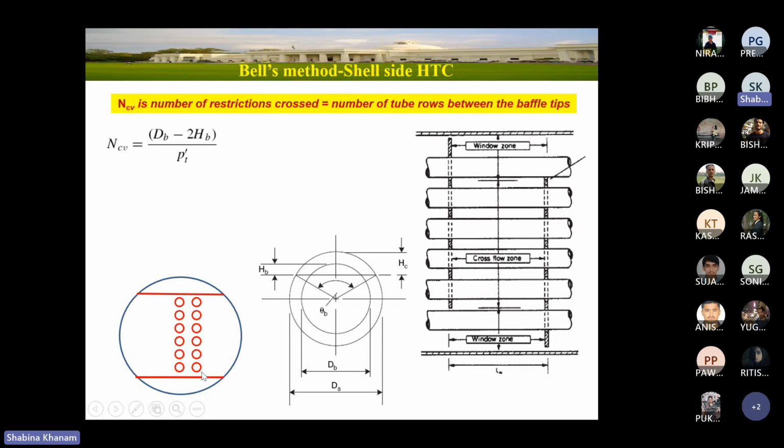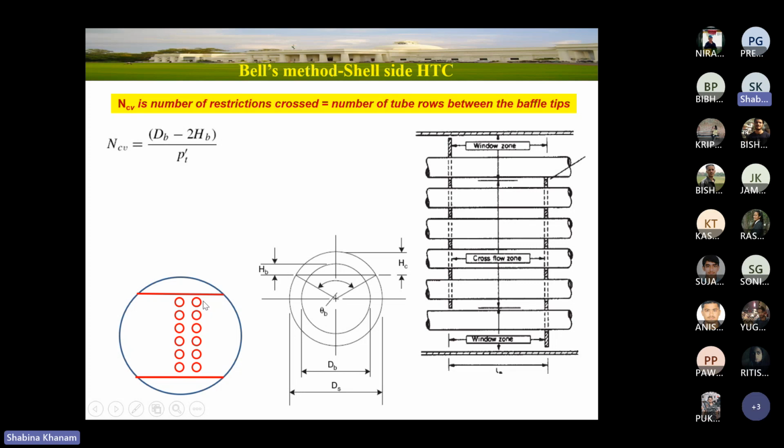PT dash is this distance, that is the tube pitch. Usually we define pitch as PT, but here I am representing it as PT dash or PT prime.